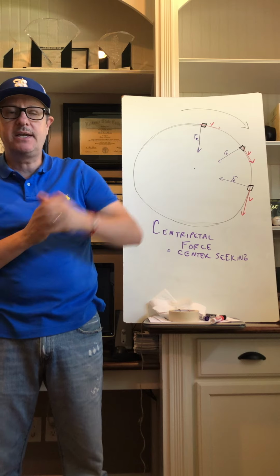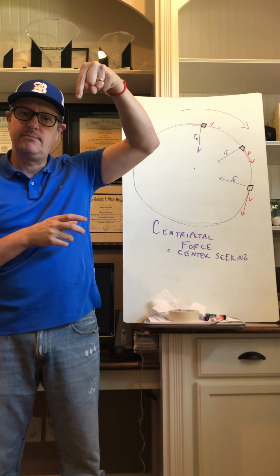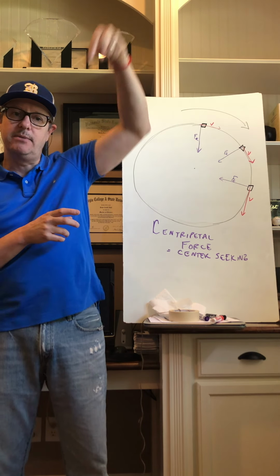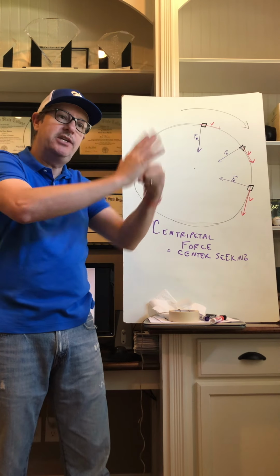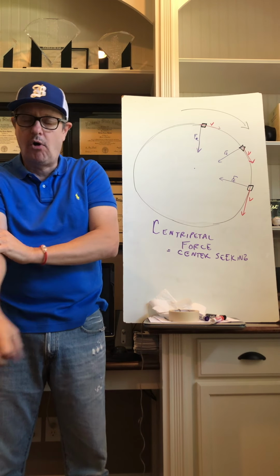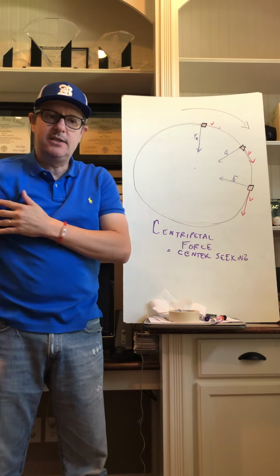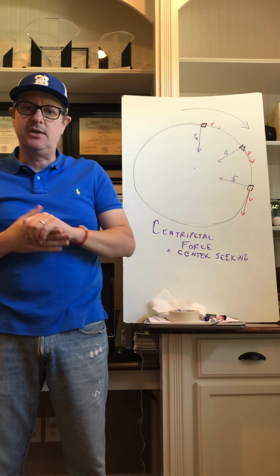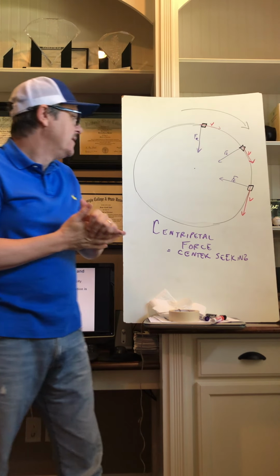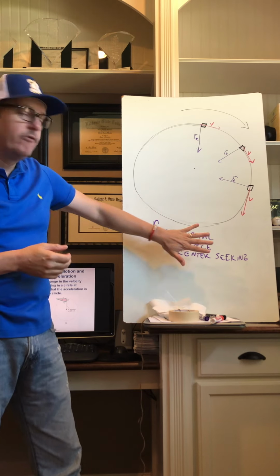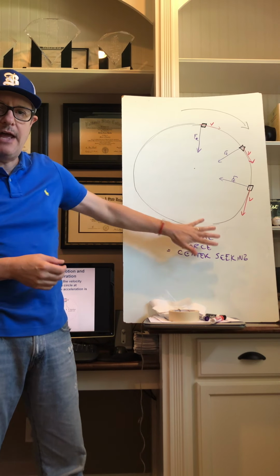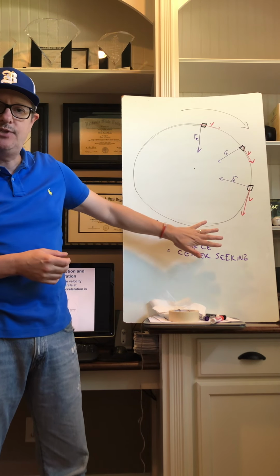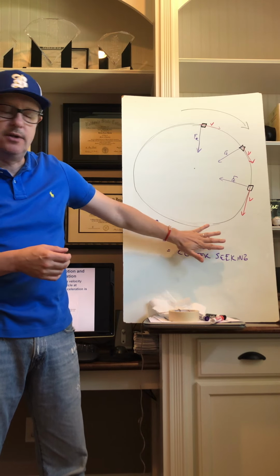In the case of the bucket, it would be the normal force of the bottom of the bucket that is actually pushing on the water, changing its direction the whole time. Now your arm would be the centripetal force that keeps the bucket in circular motion. This is an overarching term for that force that keeps objects in circular motion.